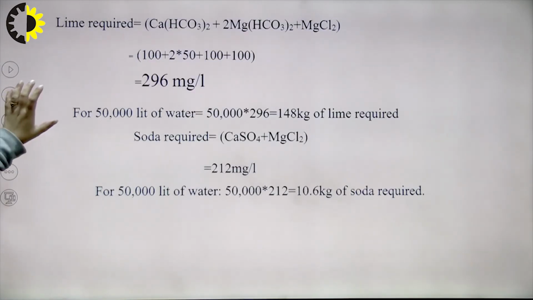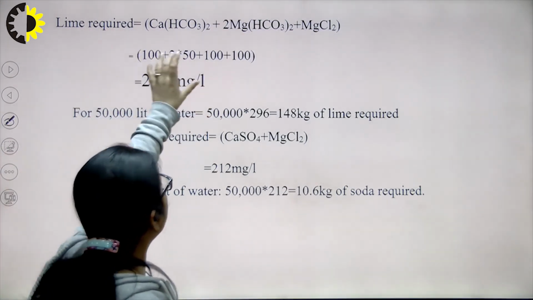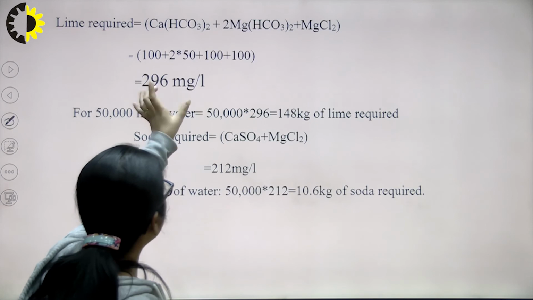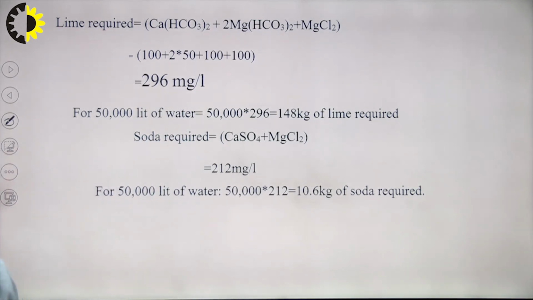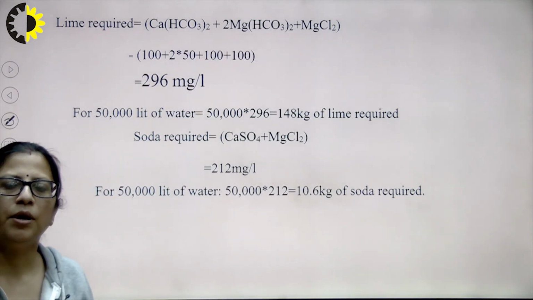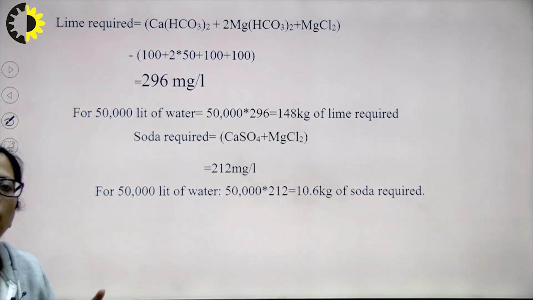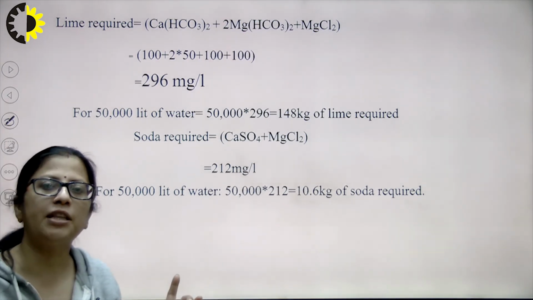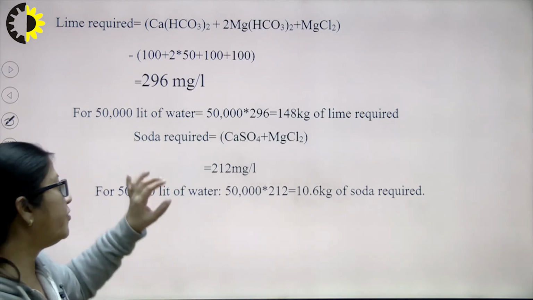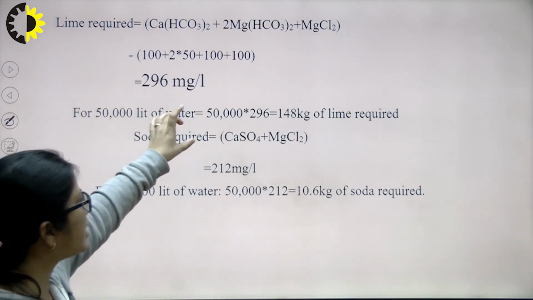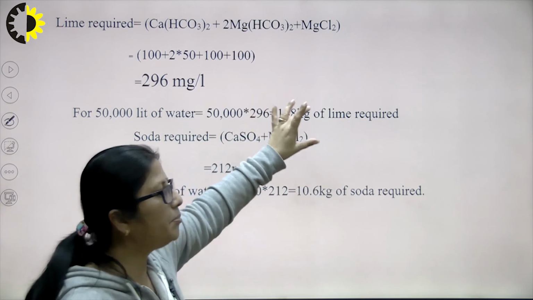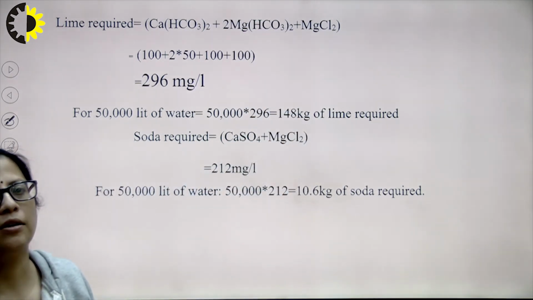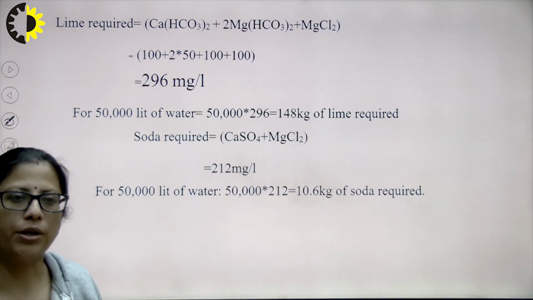So, for these three, we do the calculation, and we get that the lime required per liter is 296 milligram. So 296 milligram is required for 1 liter of water, and the water that we are treating is 50,000 liters. So for 50,000 liters of water, it is 50,000 into 296. That means 148 kg of lime will be required for the softening of water.